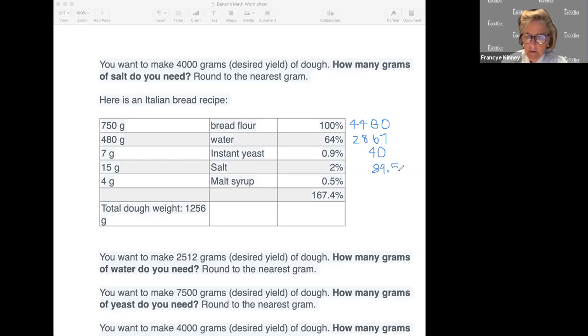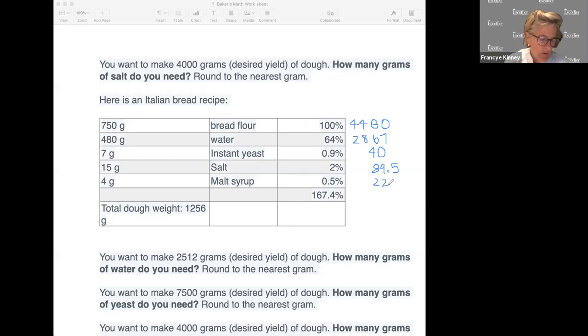And then your malt syrup is 0.5%. So 4,480 times 0.5% gives us 22.4, which we will do as 22.